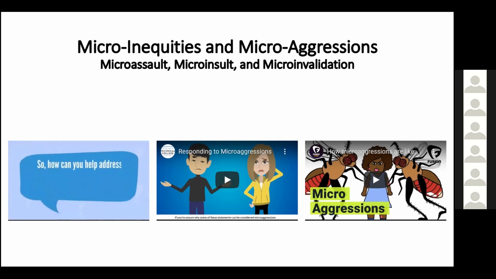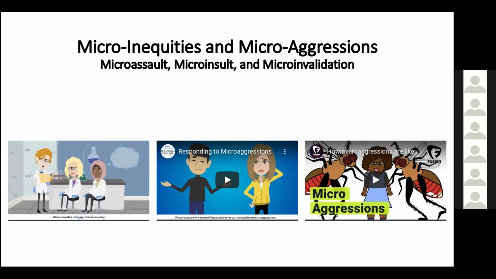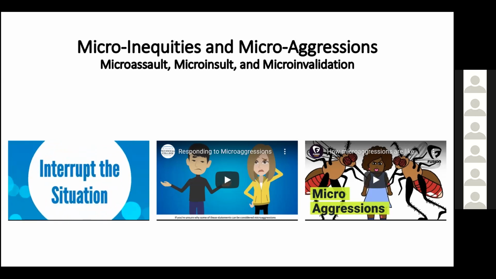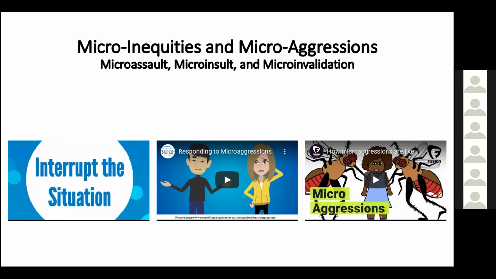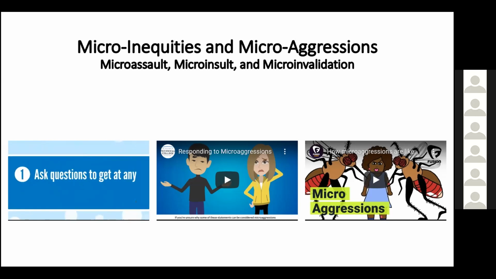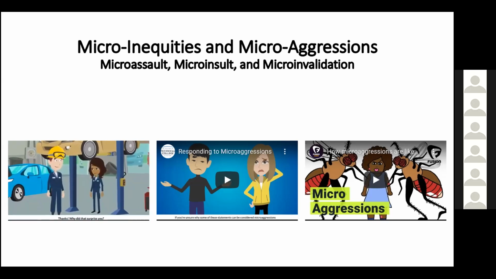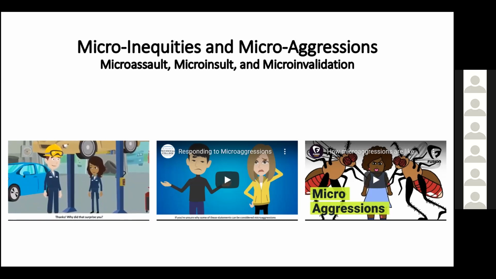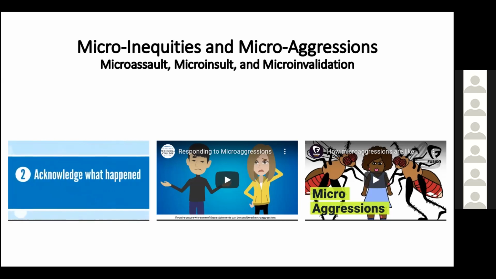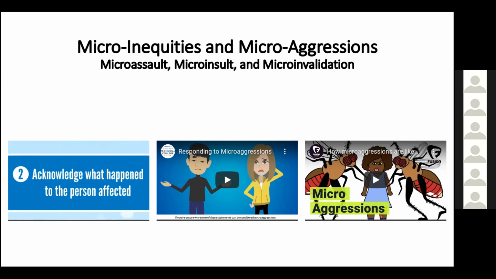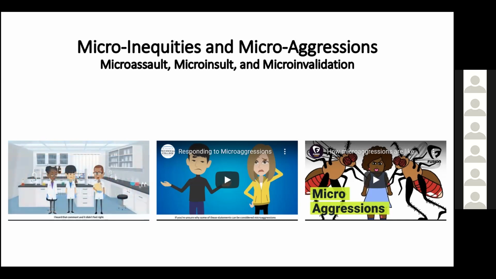So, how can you help address microaggression when you see it happening? When you notice microaggressions occurring, interrupt the situation. You could, 1. Ask questions to get at any underlying assumptions. Thanks. Why did that surprise you? 2. Acknowledge what happened to the person affected. I heard that comment and it didn't feel right. 3.